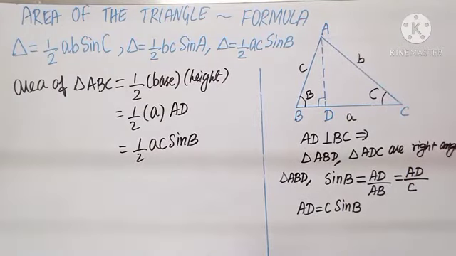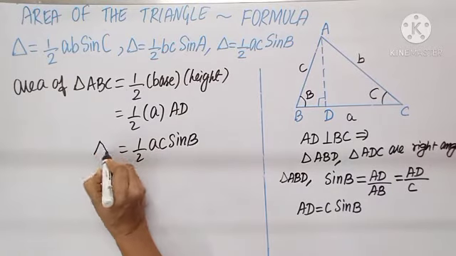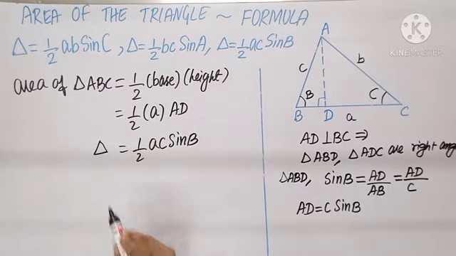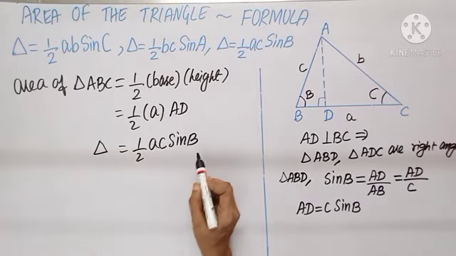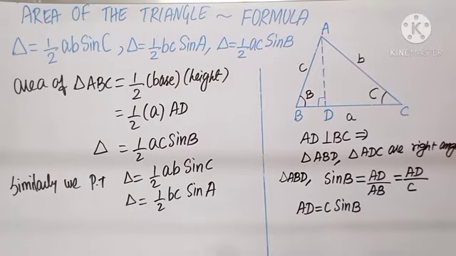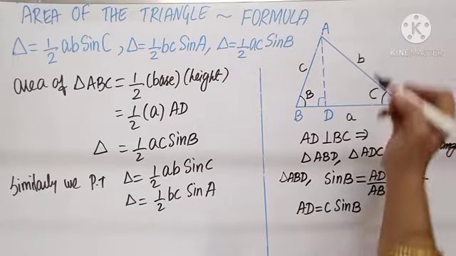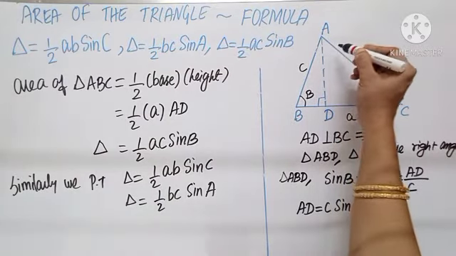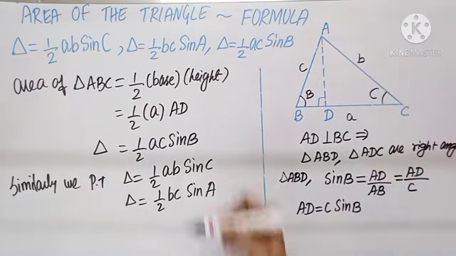So generally remember, area of the triangle, we mark a triangle symbol delta, which is half AC sine B, and we can show the results similarly. So area of triangle, as we had learnt many formulas in previous classes, let us remember, if two sides, say B and C, and the included angle A is known, I can use it.